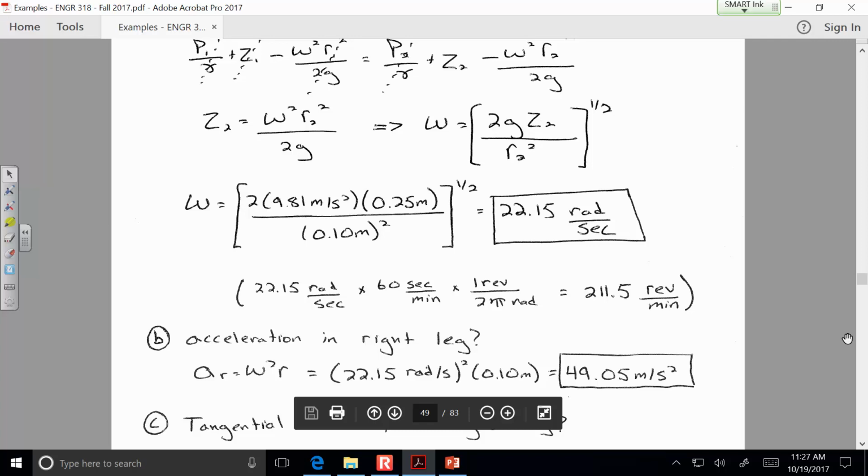49.05. Sometimes these problems in the book ask you to express the acceleration in terms of g. Here's the acceleration in terms of meters per second squared. But if it said how many g's is it in the right leg, then we could just divide by 9.81. So 49.05 meters per second squared divided by 9.81 meters per second squared per g.